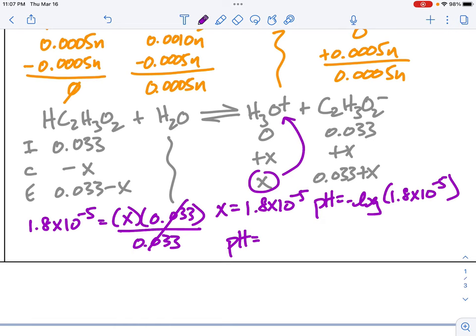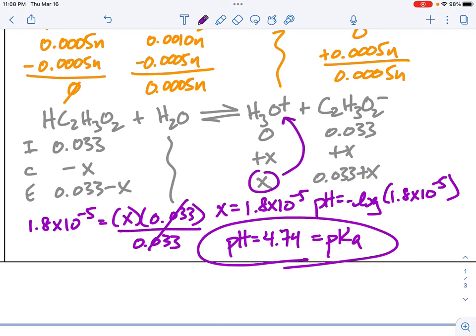So our pH, when we do that calculation, is going to be 4.74. And what you'll notice is that we're taking the negative log of the Ka, right? And so not only does it tell us our pH, but the pH is also our pKa. And this is the case when you are halfway to the equivalence point.